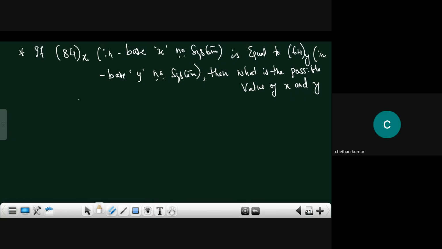He's saying that 84 with the base of x is equal to 64 of base y. Then we need to find out what the x value is and what the y value is. What are x and y?